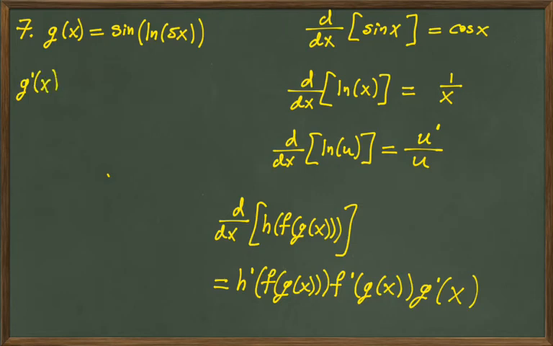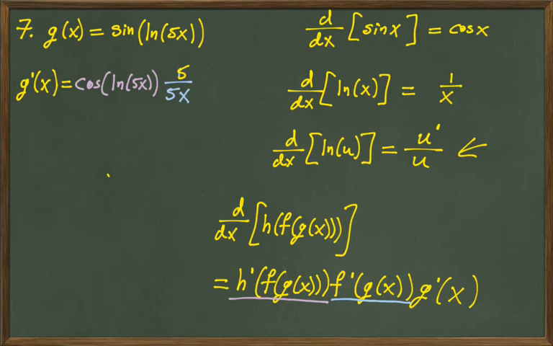So we're going to first take the derivative of the outside function, which is cosine, and then the inside function, natural log of 5x, is just there. Then times the derivative of the inside being the natural log of 5x. I'm breaking it down slightly more, so it would be u prime, which would be 5 there.